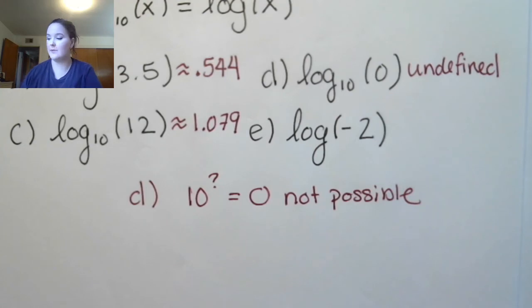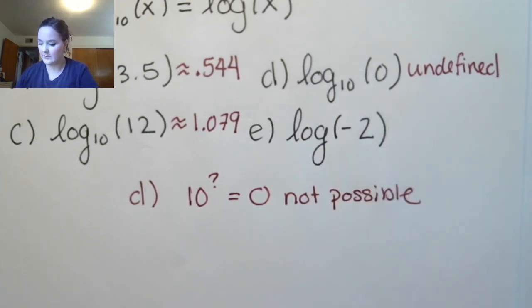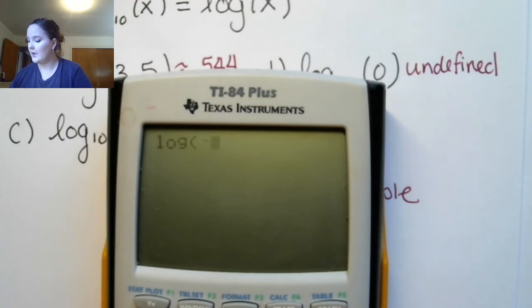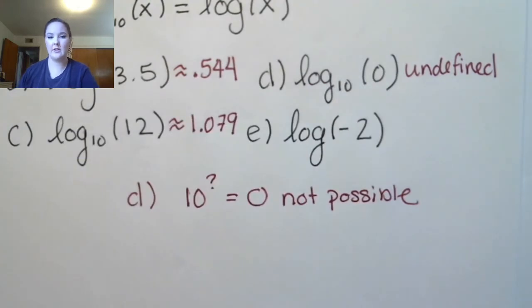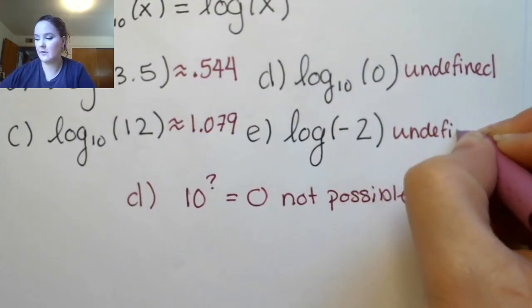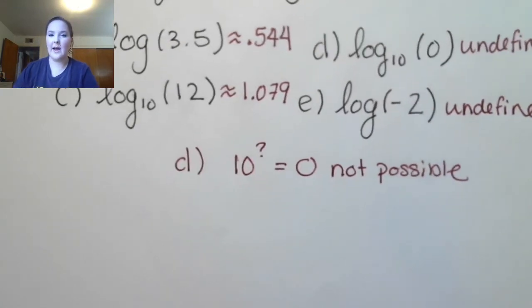Now let's look at log of -2. Again, I'm going to hit log, put -2, and again, I get an error. So this is also undefined. Let's look at why that might be.